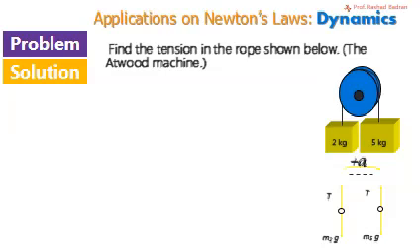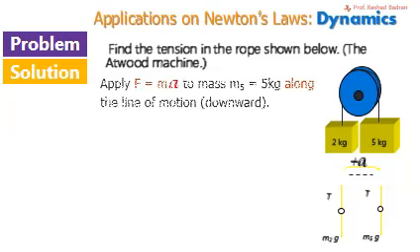By looking at the free body diagram, we can easily tell that the 5 kilogram mass is moving downward in the line of motion with a positive acceleration, as I said before.